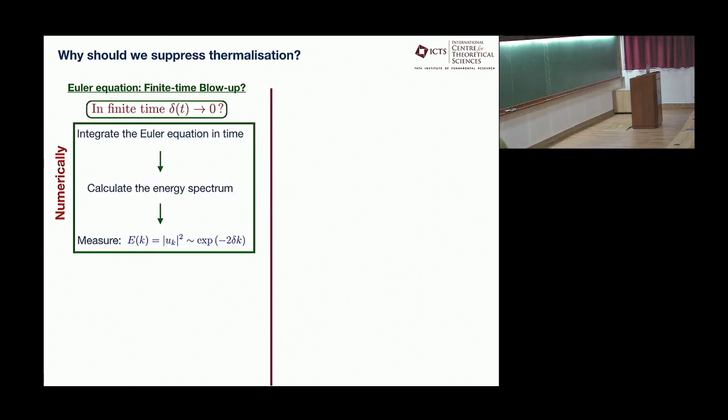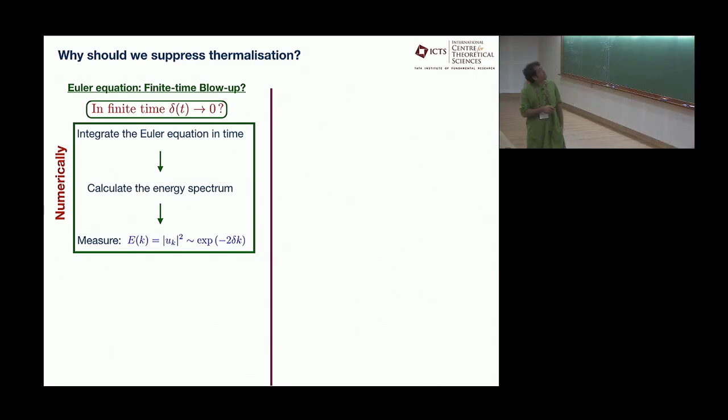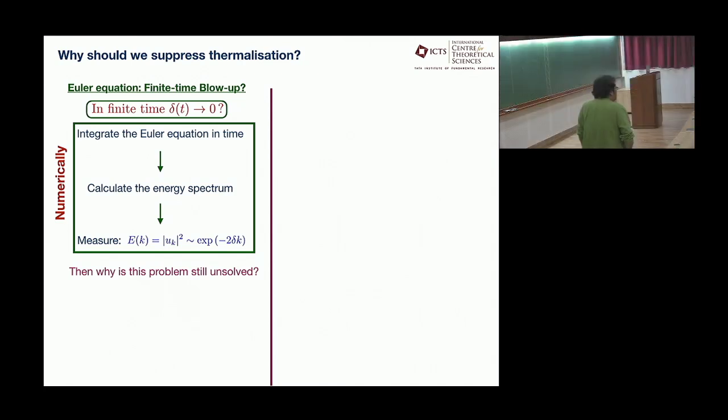So numerically, what one can do is integrate the Euler equation in time, and you can only do it through Galerkin truncation, calculate the energy spectrum, measure this, and you end up getting delta. So in 2019, it's worth asking, why is this problem still unsolved, and why do we write research grants for solving this problem?